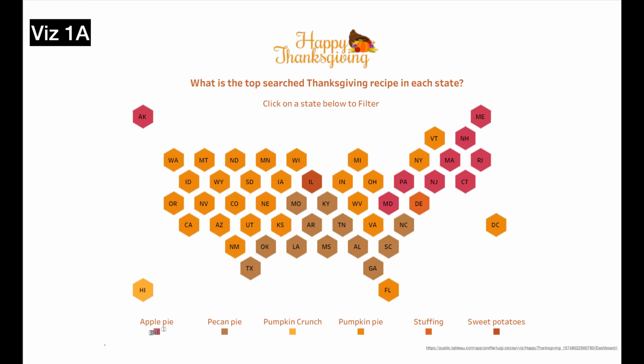So what we see here is that apple pie is very popular in the Northeast and also in Alaska. Pecan pie is very popular in the South. Pumpkin crunch appears to be the popular thing in Hawaii, if I'm recognizing the color correctly, and pumpkin pie in the Midwest and the West.